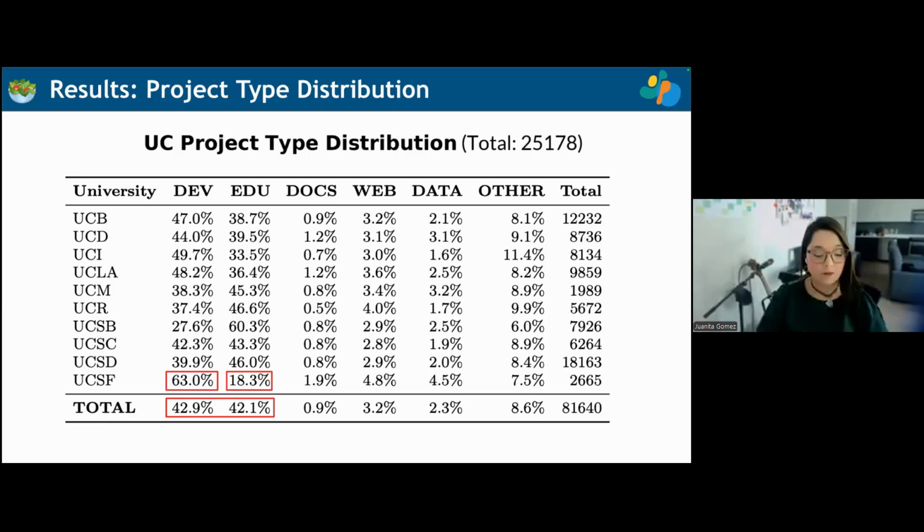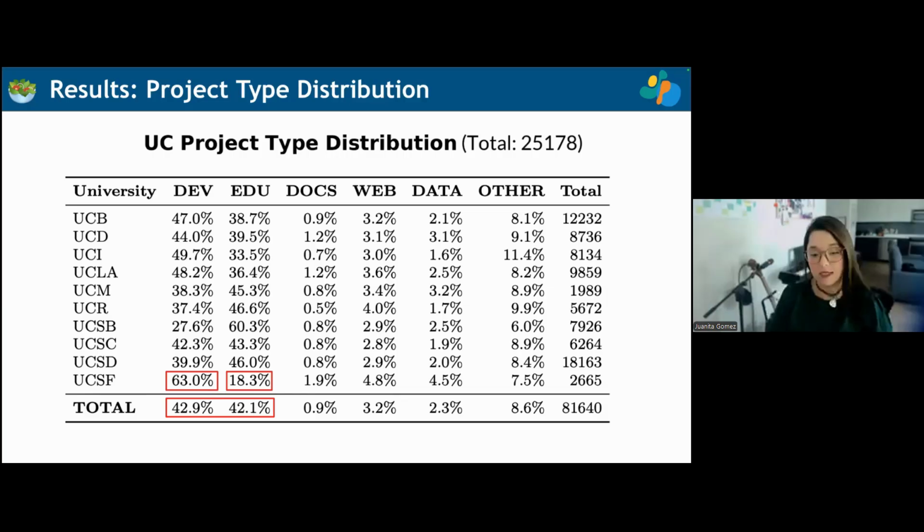They have sort of the same percentages in the total distribution across the universities. If you can see, the percentages are kind of similar in all of the universities, like 47, 38, 44, 39. There are some discrepancies, but the biggest discrepancy is actually UCSF, which I see as a sanity check.